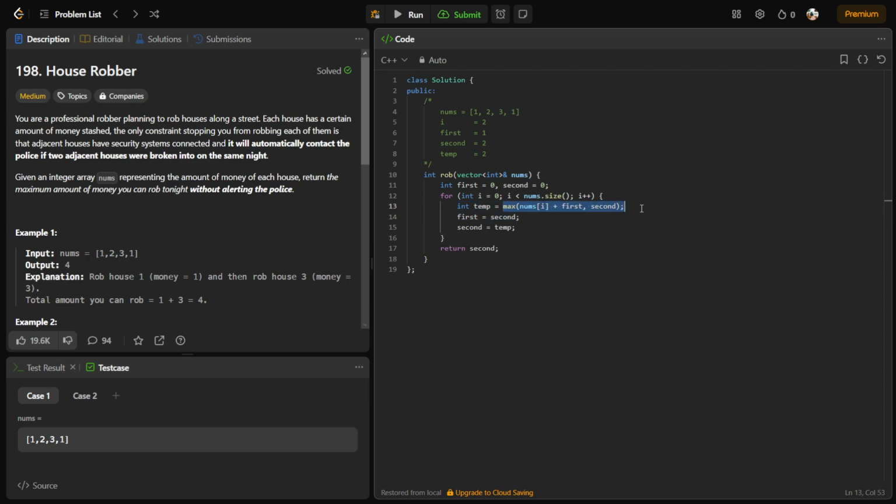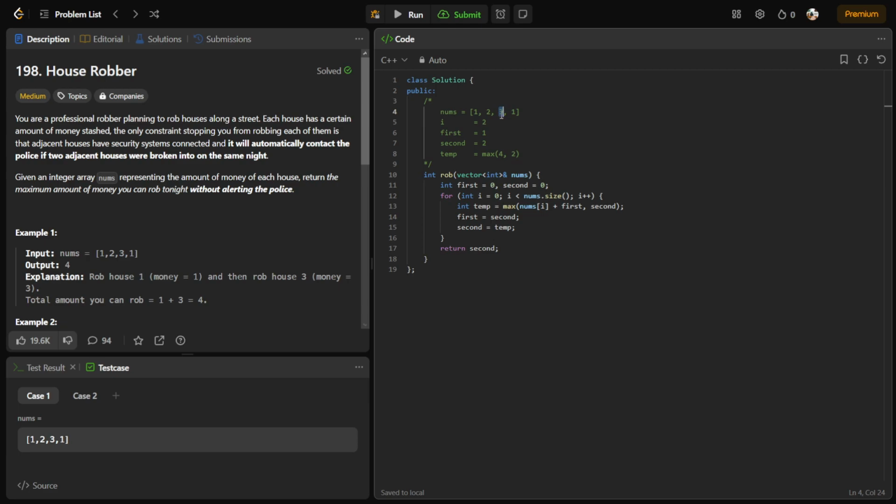So here I'm checking the maximum again. 3 plus first, which is 1, and second, which is 2, right? So this will be 4 and this will be 2. The first pair was this one, and remember that since this was adjacent, we cannot rob this house.